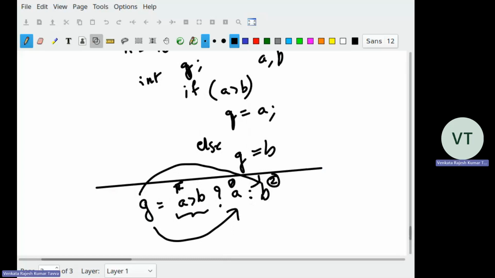I'll say int G equal to A greater than B question mark A colon B. And I will say int A equal to 10, B equal to 5. All right. And then I'll say printf percentage D G. Okay. Simple.